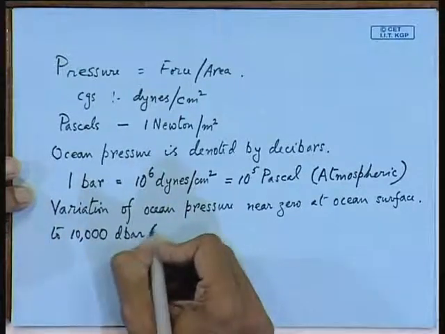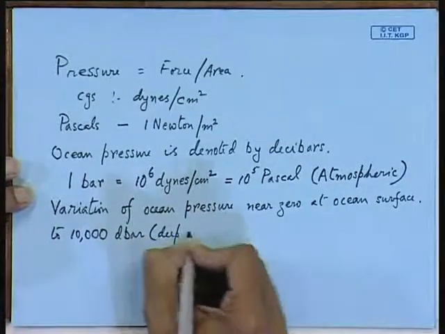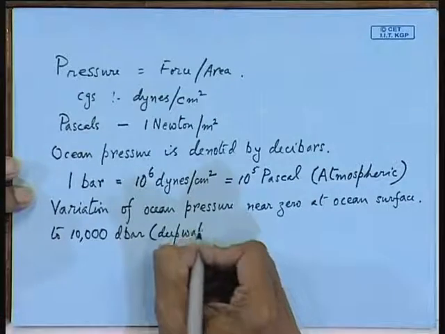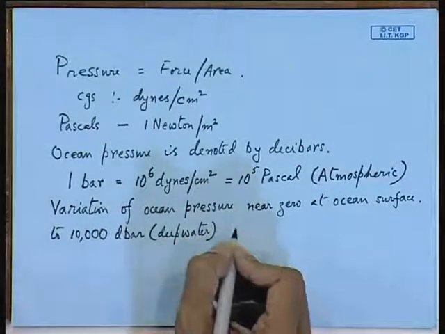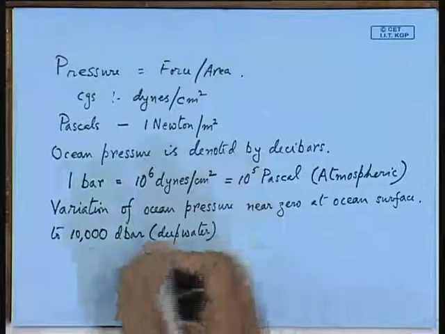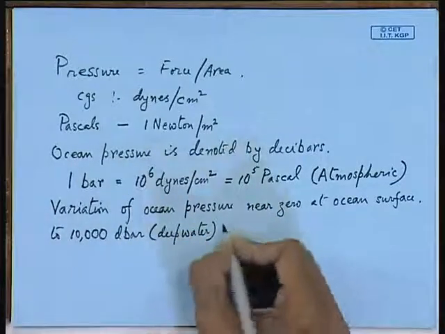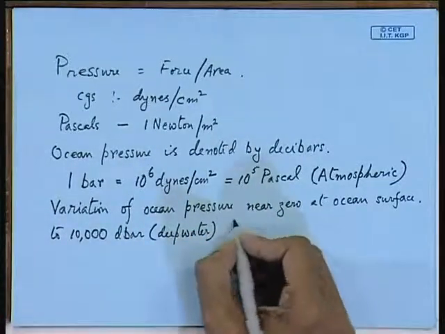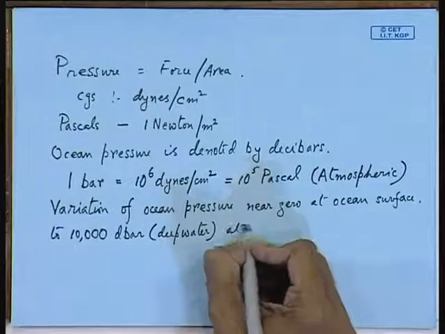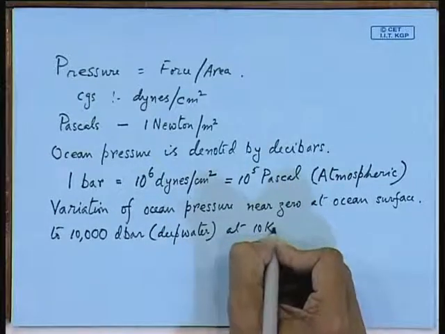This is in deep waters. So, this is the variation of pressure. You can see 10,000 decibar will be at around depths of say around 10 kilometers depth of ocean.